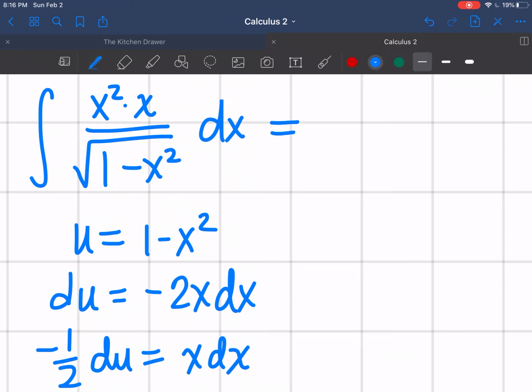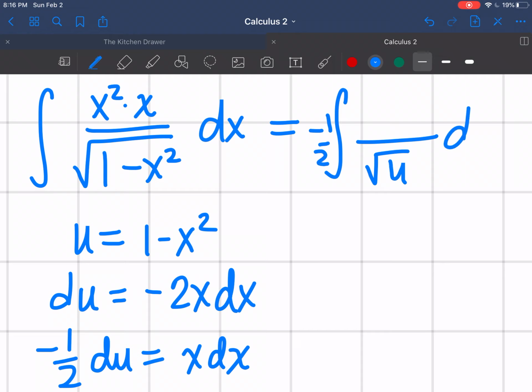So we can start rewriting a lot of this integrand. The denominator is square root of 1 minus x squared, which is here, we're going to write it as square root of u. And then this x dx piece, which is here, we're going to write it as negative 1/2 du. And I'll pull out the negative 1/2.